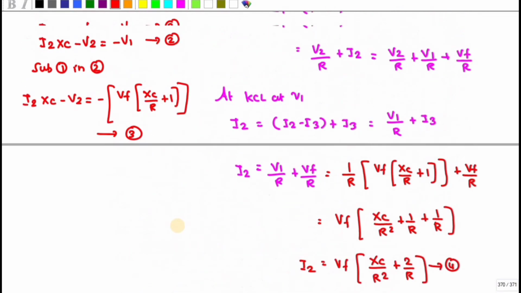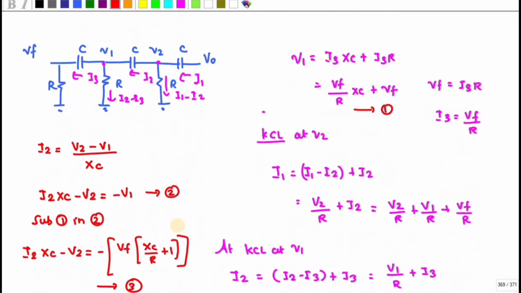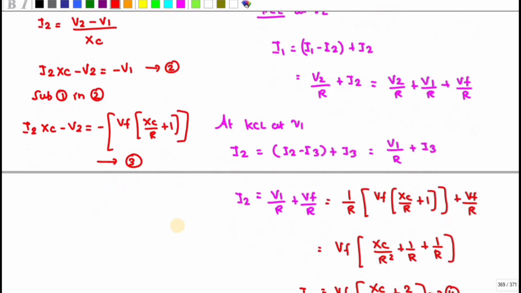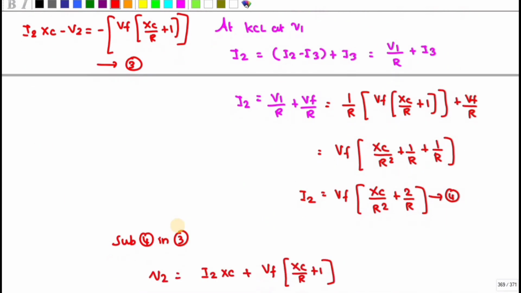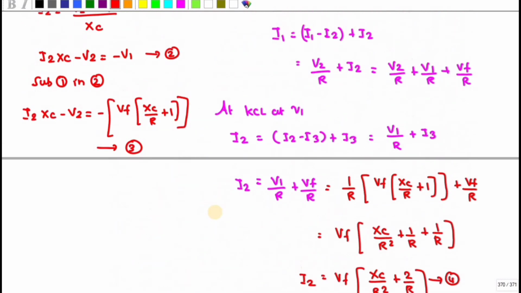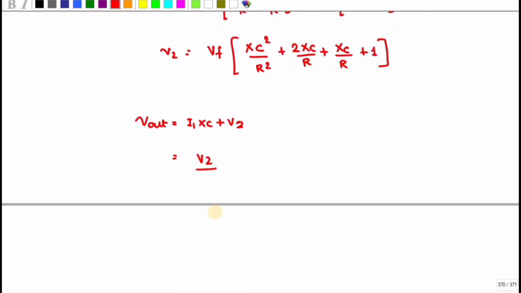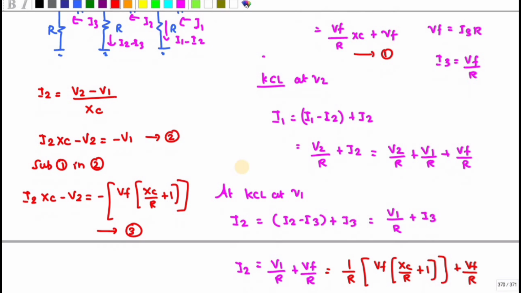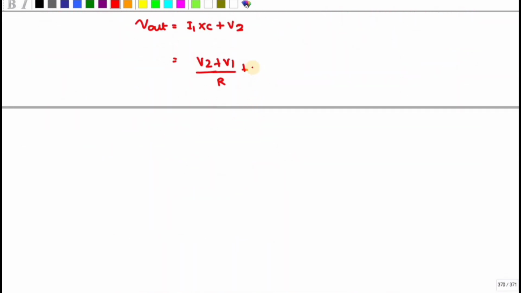So what is my I1? I1 is V2 by R, V2 plus V1 divided by R, plus Vf by R, that is V2 plus V1 plus Vf divided by R, into Xc plus V2.